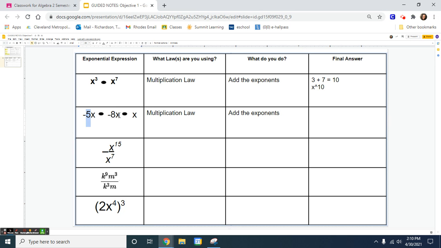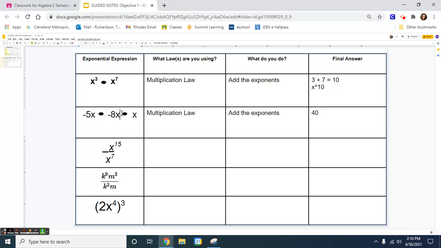So negative 5 times negative 8. If you put that in your calculator, you're going to get a positive 40. So take care of the numbers out front first. Now let's do our exponents, but I don't actually see exponents here.